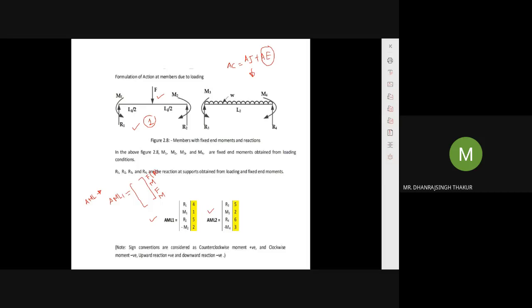First to the left node and then to the right node. So what is the sign convention? Upward positive, downward negative. Anti-clockwise positive and clockwise negative. So first you write down the value of reaction.